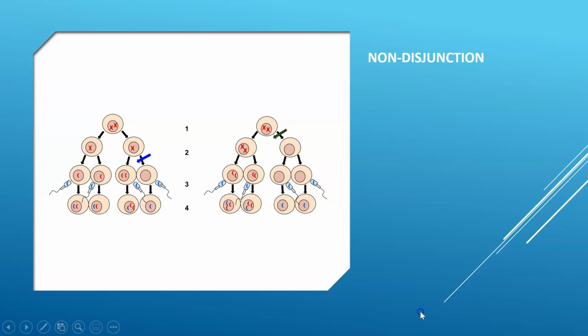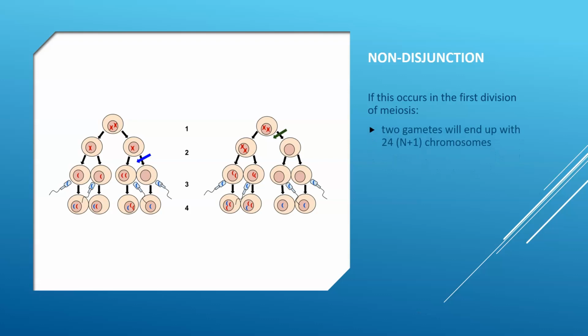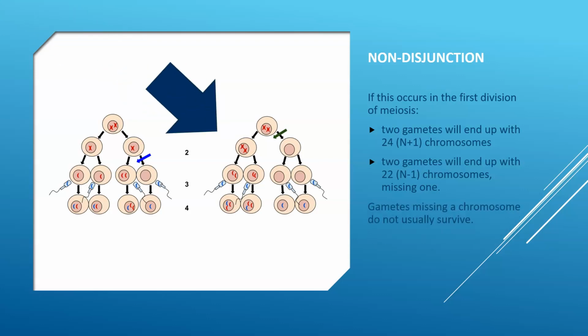Looking at that again, if non-disjunction occurs at that first division, you end up with 2 gametes with 24 chromosomes, and you end up with 2 gametes with 22. Gametes missing a chromosome generally do not survive.